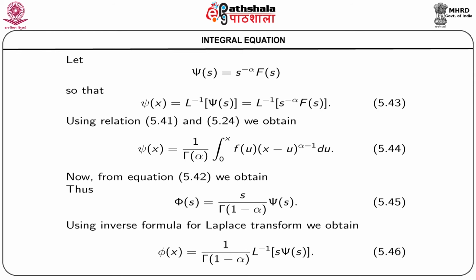Now, we take the Laplace inverse of equation 5.45. The left hand side is capital Phi s, whose Laplace inverse gives small phi x, and the right hand side is 1 by gamma 1 minus alpha into the Laplace inverse of s into capital Psi s.